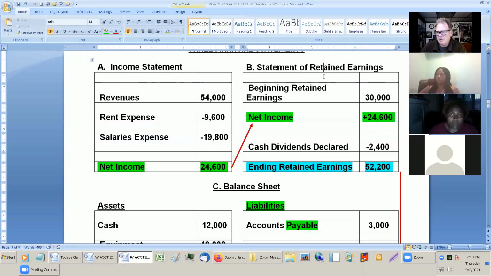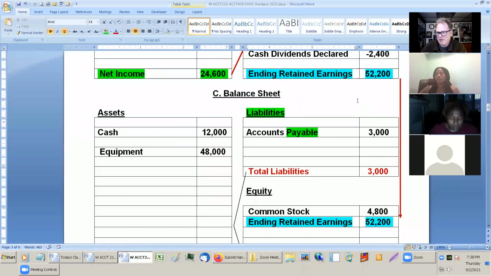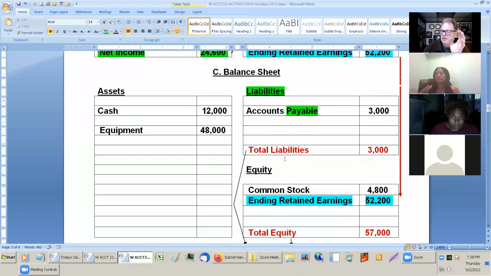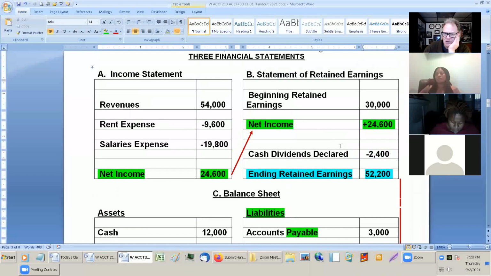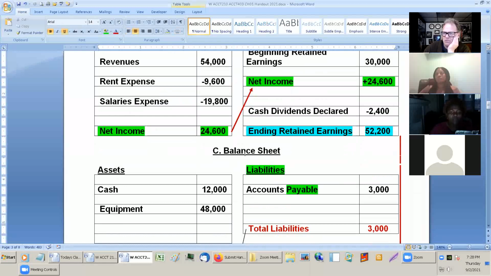Then you do the statement of retained earnings second, because you can't make the balance sheet until you have the ending retained earnings. You can't just jump into the balance sheet. It's not going to balance because your retained earnings of 30,000 is not going to show the ending balance. So you have to do these A first, B second, C third.